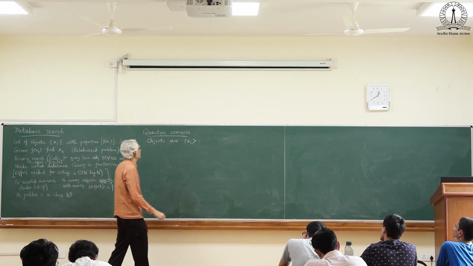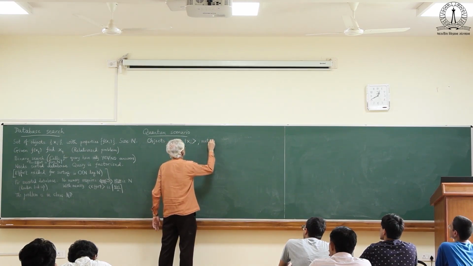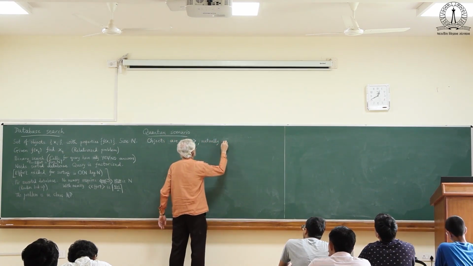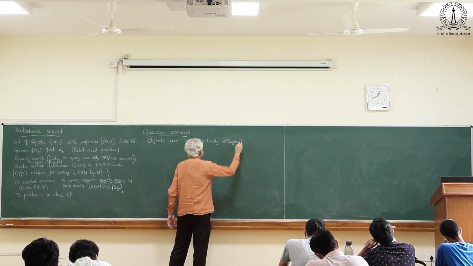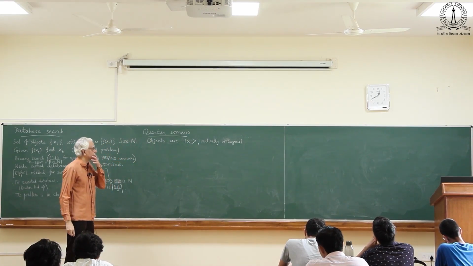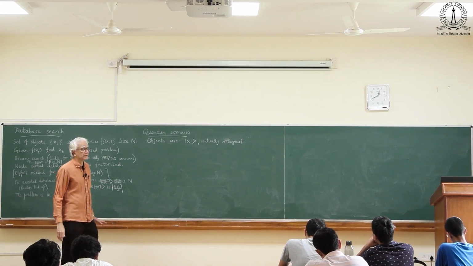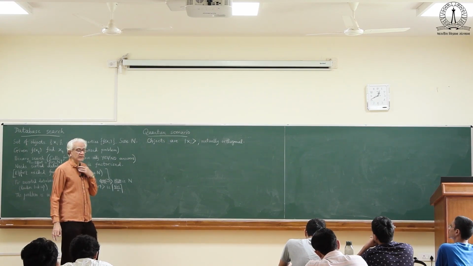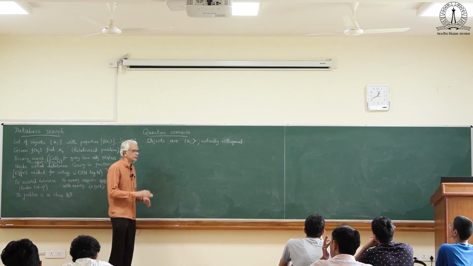So this map from the objects to the vectors takes individual items to orthogonal states, because in quantum theory, orthogonal states are the only ones that can be identified with certainty, with no confusion.